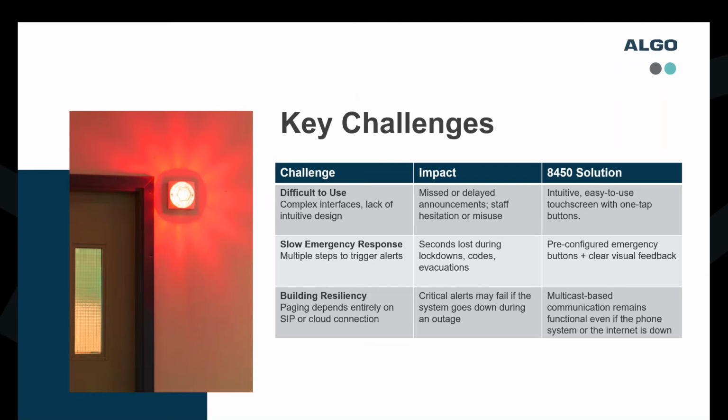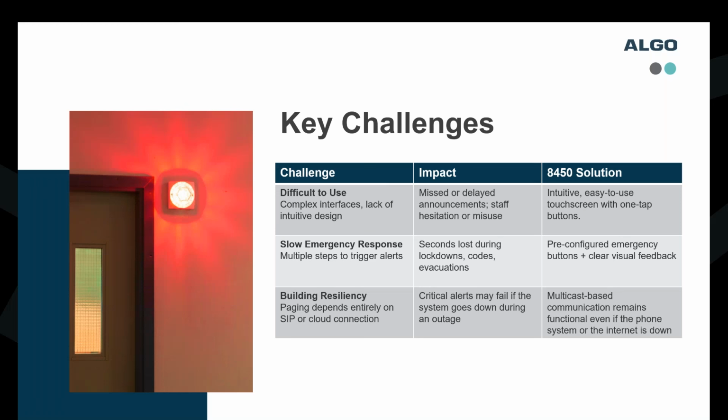When you look at the market today, a lot of the available alerting and paging products are genuinely pretty hard to use. They're complex, workflows are convoluted. Sometimes you need to press multiple buttons just to initiate a simple action, and even then, it might not work reliably. Another major issue is the single point of failure built into many systems.